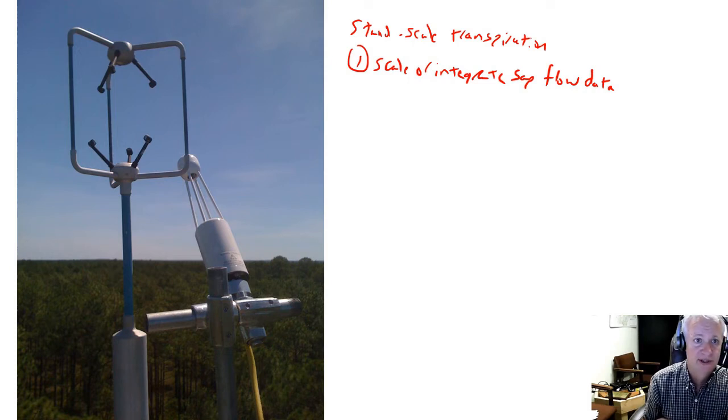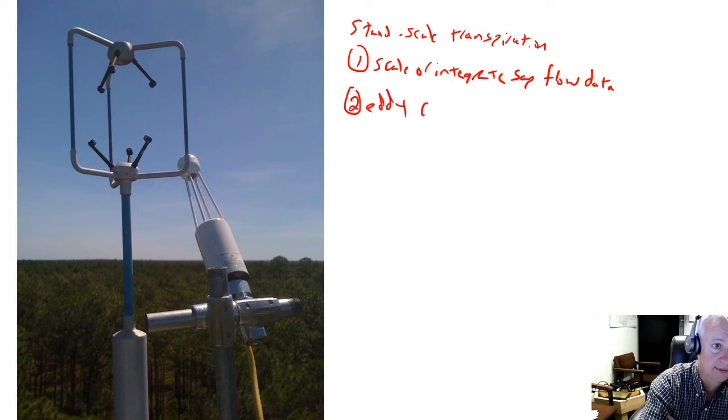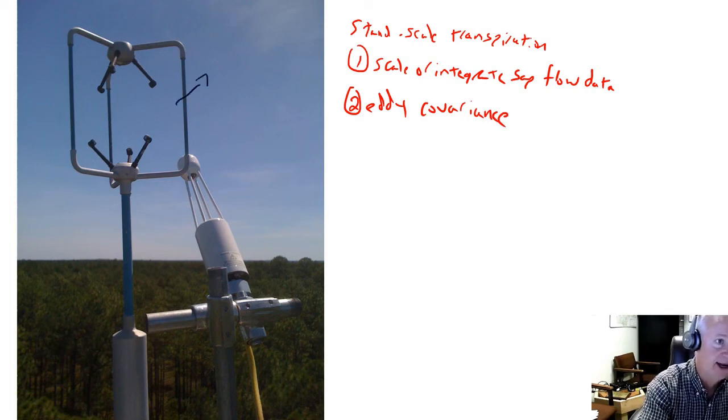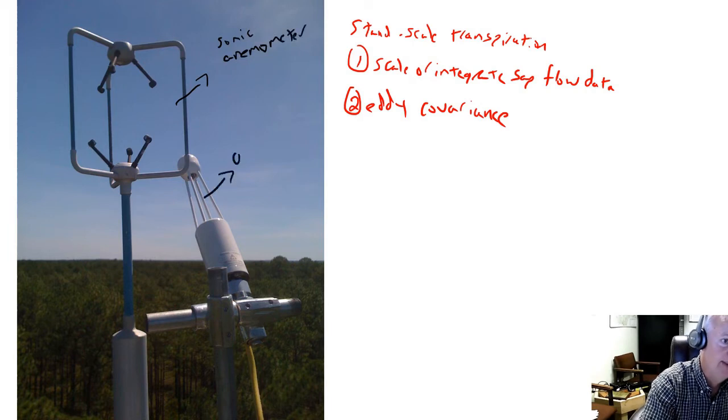Another approach is to use eddy covariance. And that's what's depicted in this photograph. Eddy covariance uses two instruments. One is a sonic anemometer, and the other is an open path infrared gas analyzer. In this case, this is open path, but it doesn't have to be.